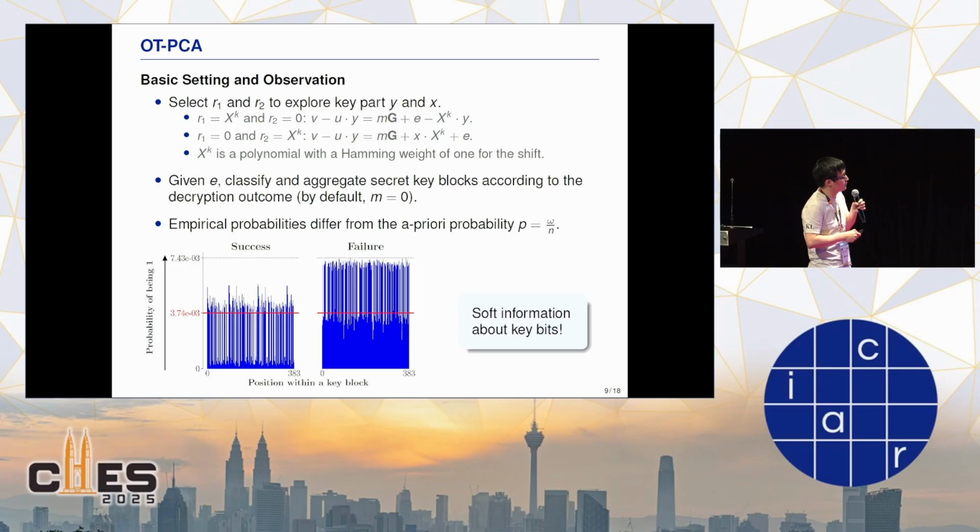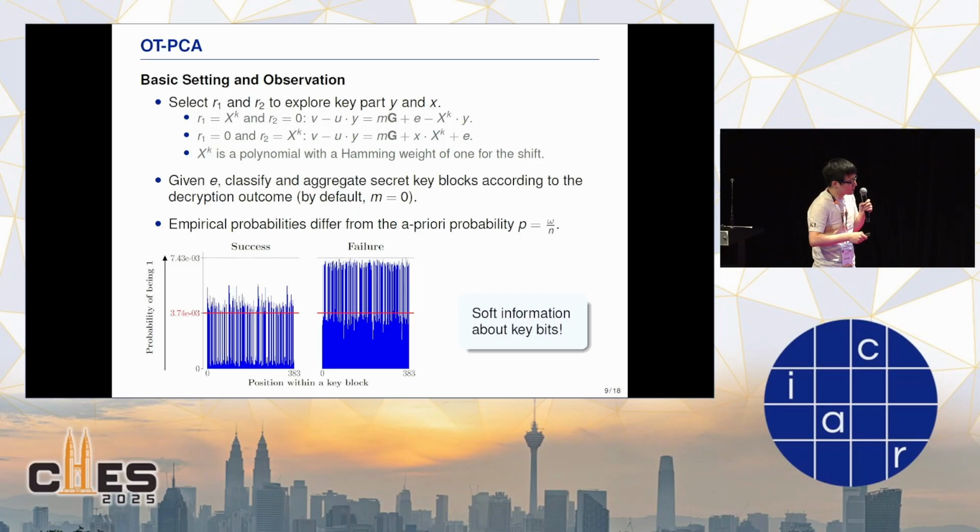So you see that we can pick R1 and R2 in this format. Then the input to the decoder is just the encoding plus some noise, not small, but just some noise, and this is a part of the secret key. So we just place the noise, and then we add a small perturbation, because you know that this secret key Y is very sparse.